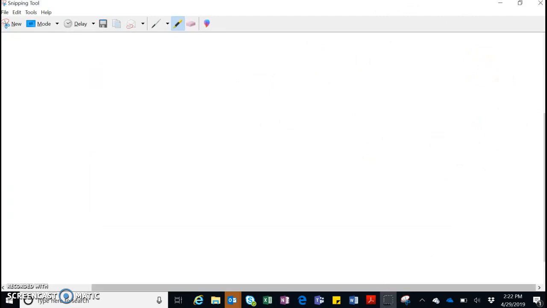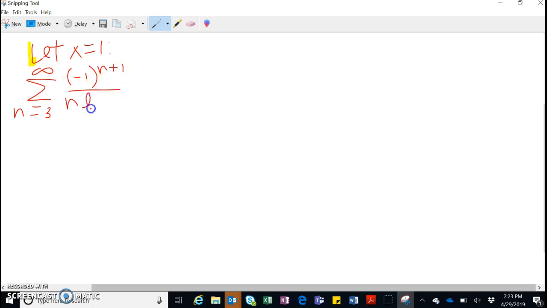So I'm going to start fresh now and test my endpoints. And, sorry, I had the highlighter on. I'm going to say, let's let x equal 1. That means this summation actually becomes (1 minus 2) to the n plus 1, or negative 1 to the n plus 1, over n log n.